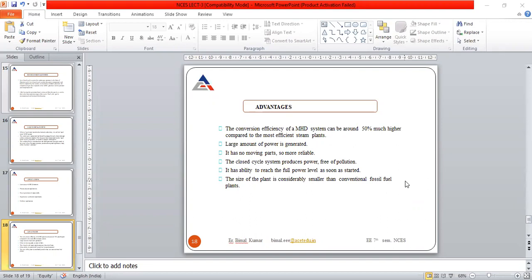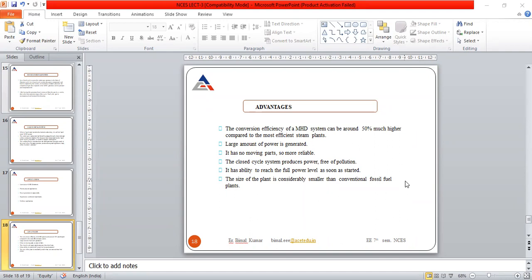In addition, a machine with moving parts has comparatively less efficiency. This is the reason why the transformer has the largest efficiency among all other types of machines. Now, in this particular case, because it has no moving parts, it is more reliable.